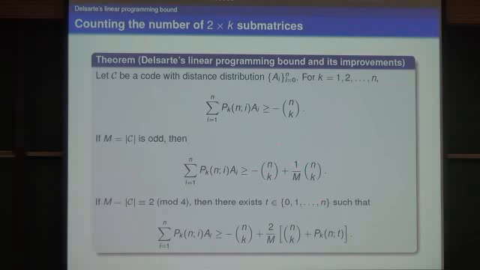The original version of the Delsarte linear programming bound is this one. But this one says that the left side can be even greater if you take the sum with some positive integer, it's still greater. And this is similar. The left side is still greater than the right side, even if you add some positive part to the right side. So the later two inequalities are stronger than the original version.